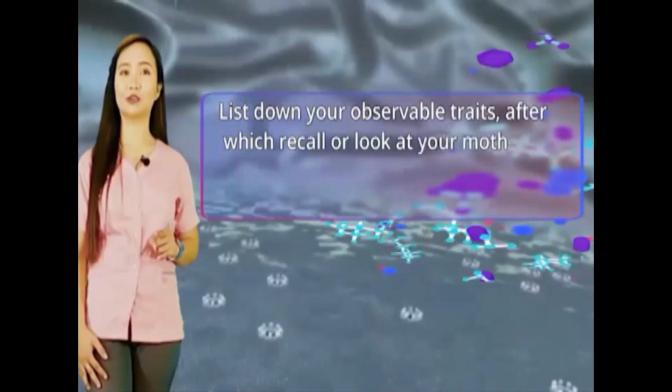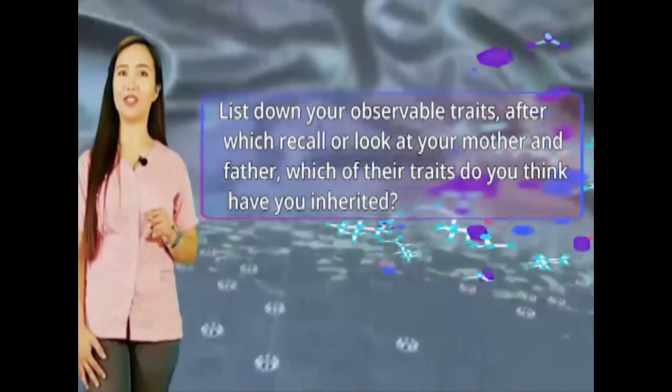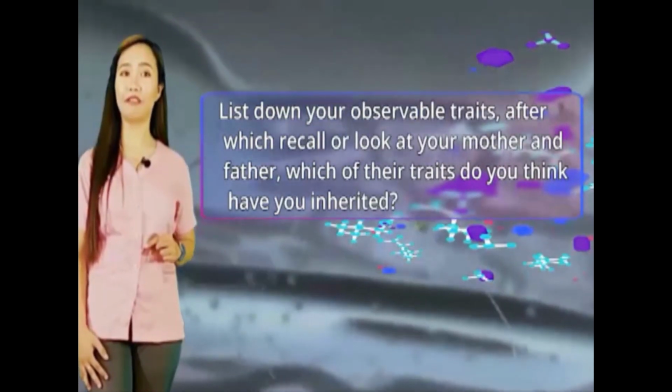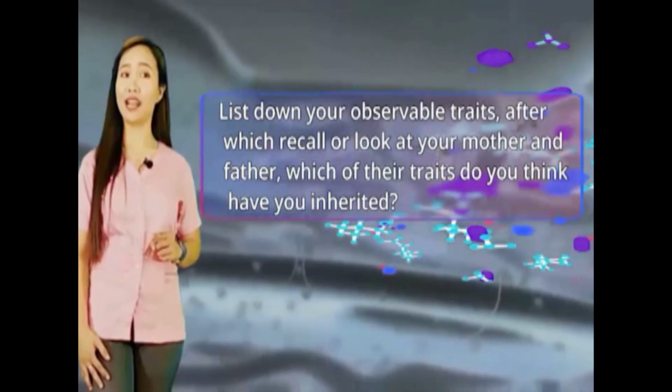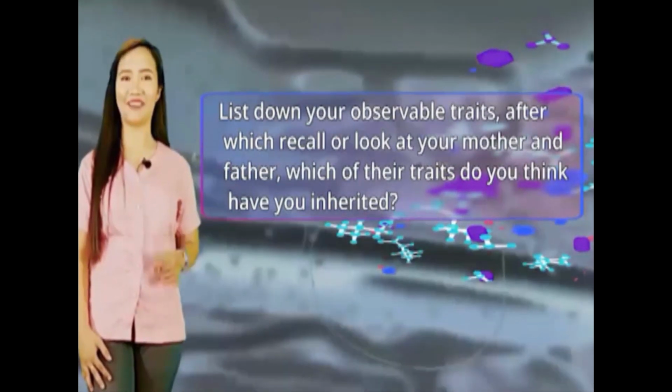Now, I would like you to see yourself in a mirror. List down your observable traits, after which recall or look at your mother and father. Which of their traits do you think have you inherited?